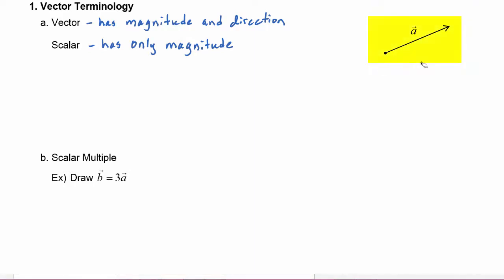So when we look at this picture over here, this is a picture of a vector. And the symbol right here, the little A with the arrow above it, the way you say that is vector A. And a vector has a starting point, which is called its initial point.